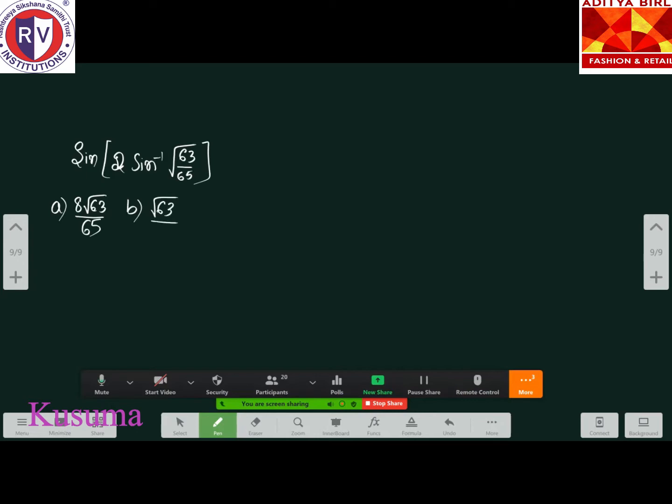B, root 63 divided by 65. Option C is 2 into root of 126 divided by 65. Option D is 4 into root of 63 divided by 65.